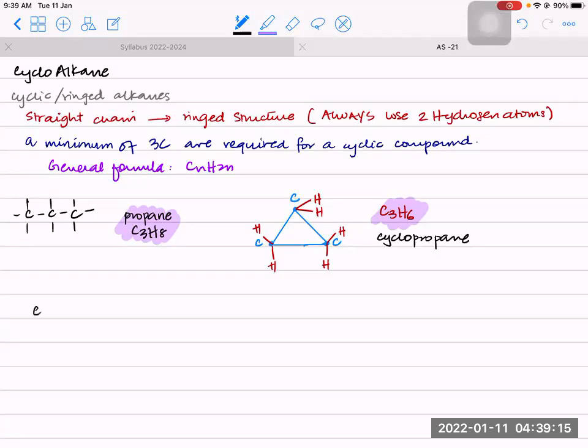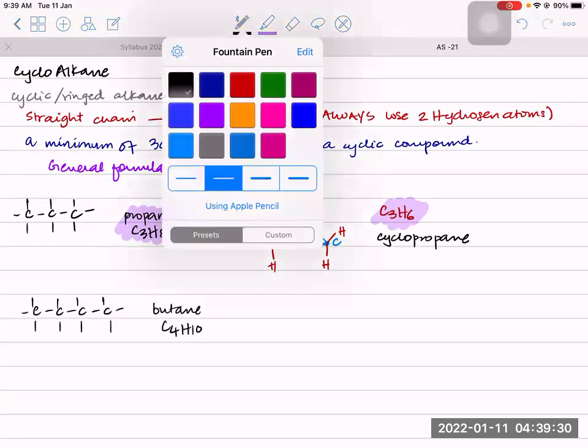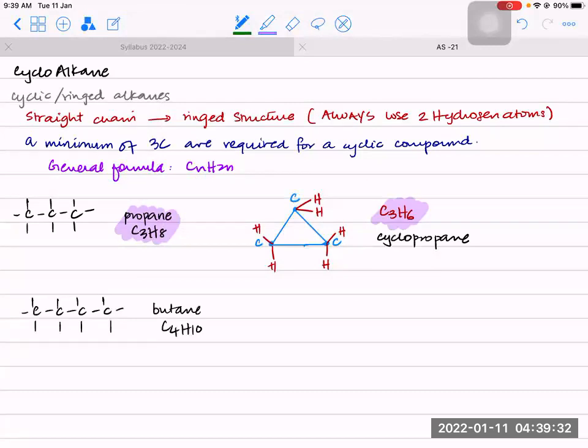Let's see butane. This is C4H10. Now let's see a cyclic butane. You will have 4 corners, each corner representing carbon. Now you have 4 carbons.